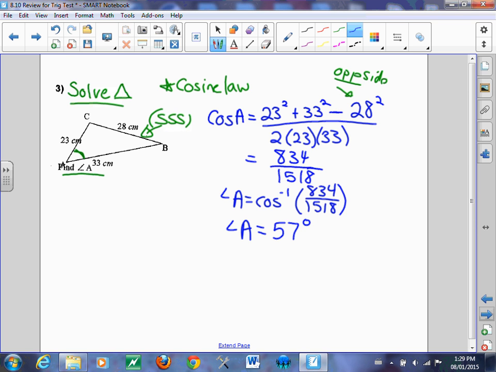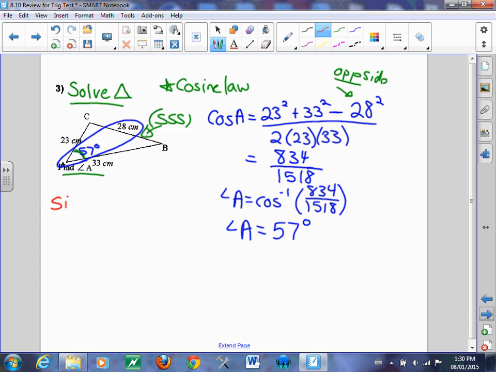Now don't forget, we're not done yet because we've got to solve. But now we know an angle. Now that we've got an angle, 57 degrees, guess what? Now we have a match. So now we can use sine law. Why don't we find angle B first?